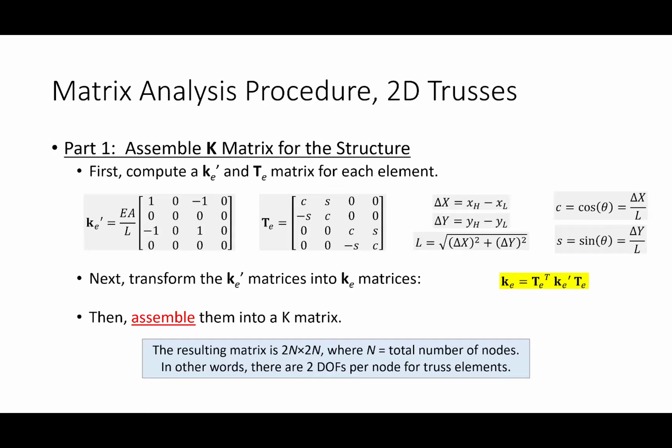And then you assemble each of the element matrices into a big matrix for the whole system. That matrix can get kind of big. For the problems you did for your analysis project, you easily could have had matrices in the 60 by 60, 70 by 70 range.